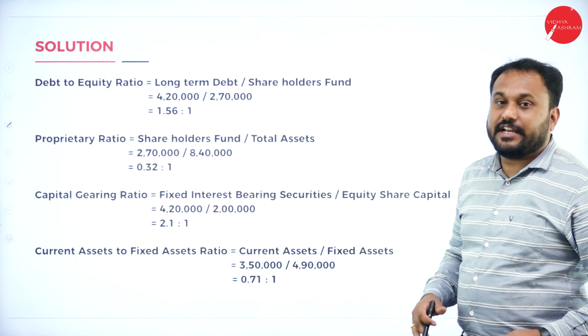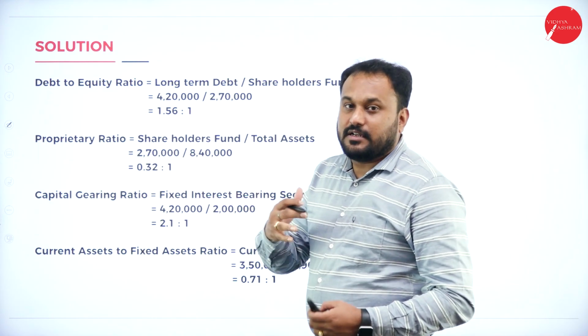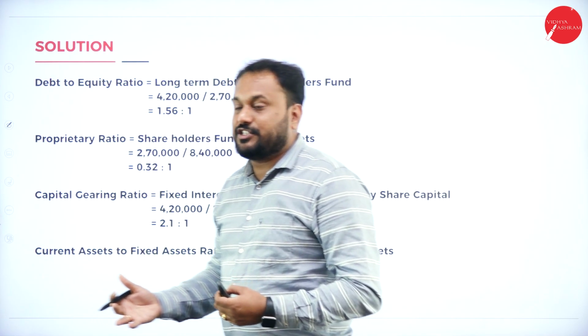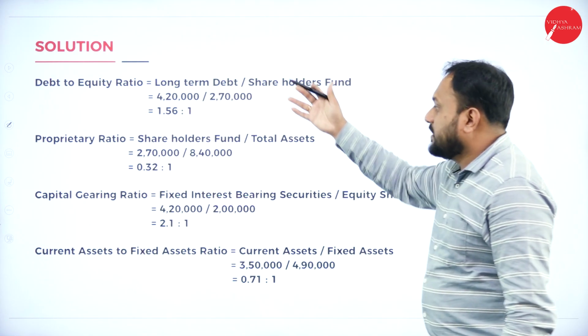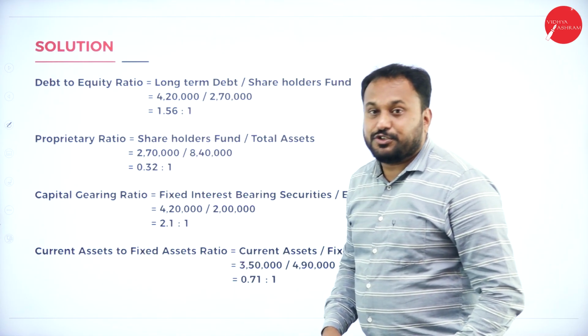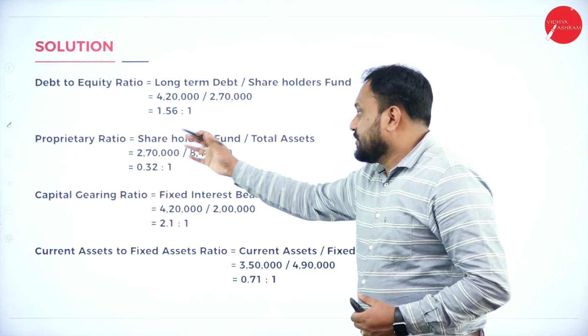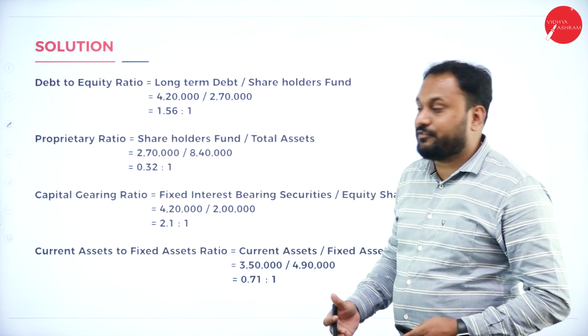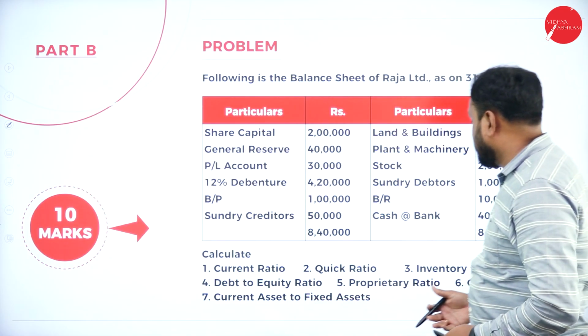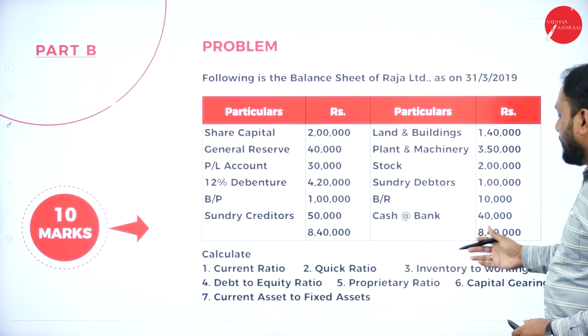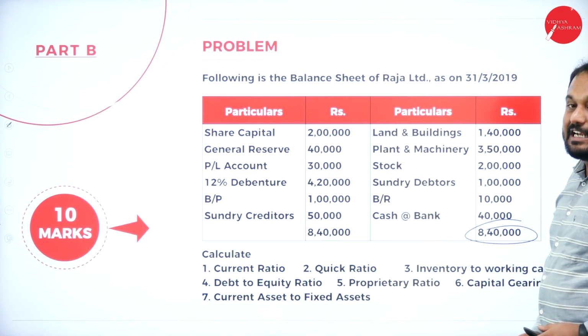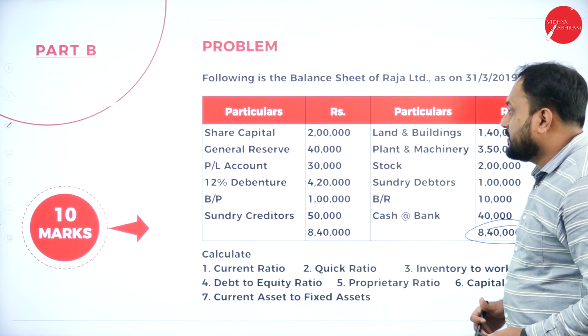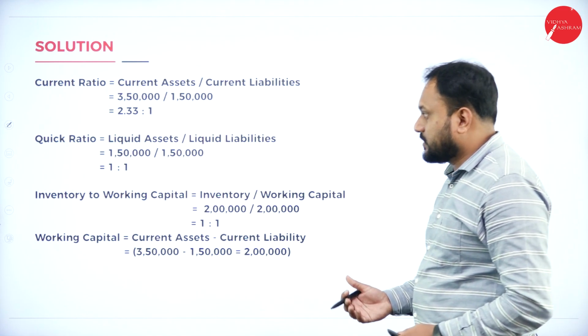Debt equity ratio: debt in the sense long-term debt divided by equity shareholders' fund. Proprietor ratio is always your shareholders' fund divided by total assets. Now total assets is how much? 8,40,000. To find total assets, this is the assets column. 8,40,000 is the total assets. So that is what you are supposed to go with.